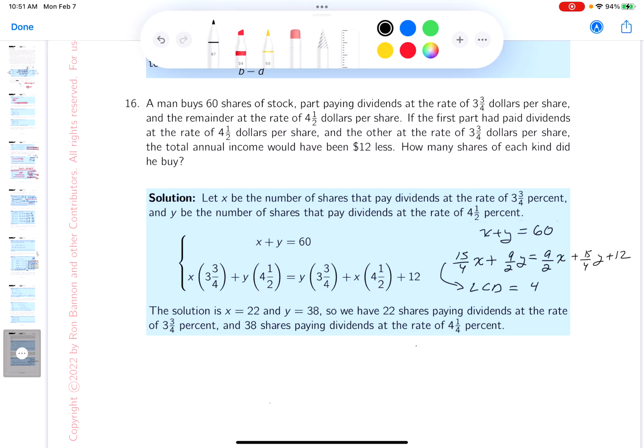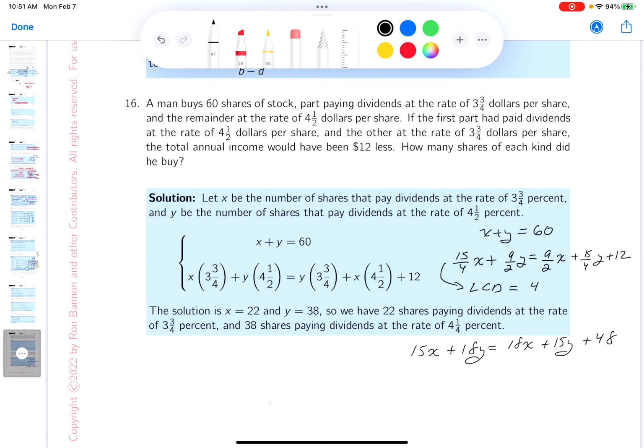So what do you get? 15X plus 18Y equals 18X plus 15Y plus 12. Oops, not plus 12. What am I saying? Multiplying by 4, right? And what's 4 times 12? 48. All right, I got to do something here.